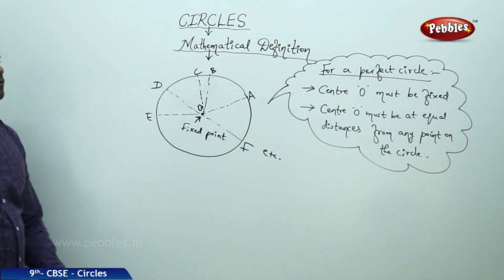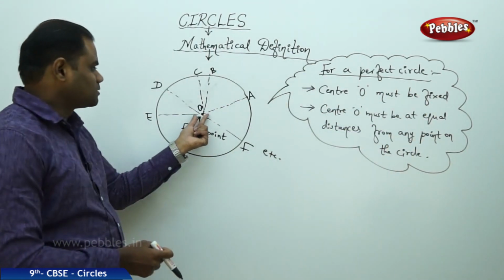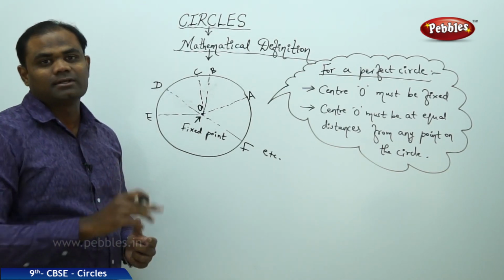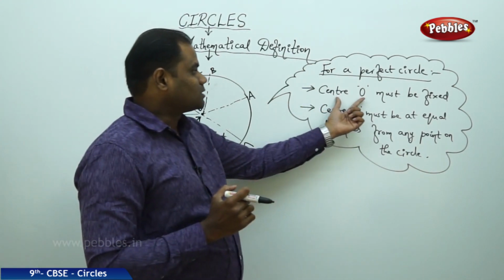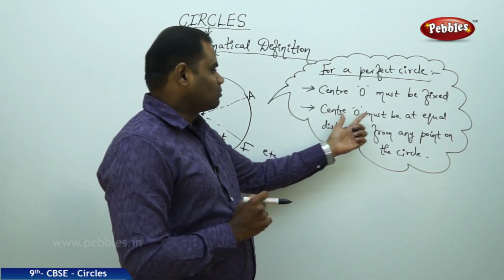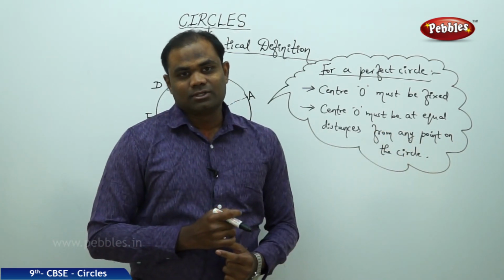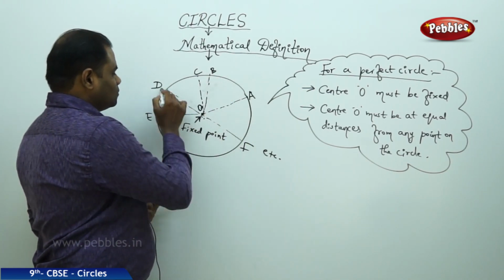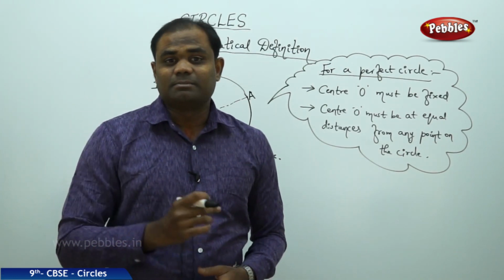For a perfect circle, the center O must be fixed. The fixed pointer of the compass must be fixed at that point when you draw the complete circle. You cannot move it in midway. Is how I understand the center O must always be fixed. Secondly, the center O must be at equal distances from any point on the circle. So when I take a ruler and measure the distance OA, OB, OC, OD, OE and OF, etc., all the distances must be the same.